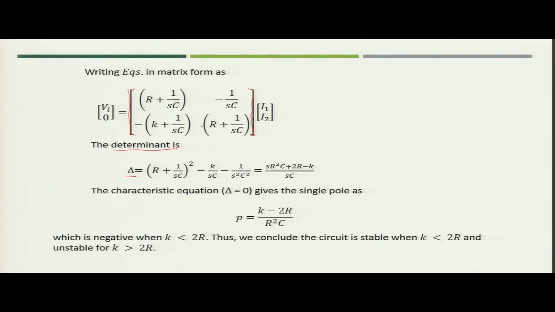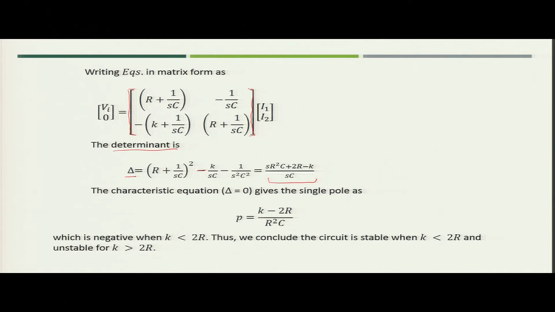The value of the determinant is nothing but R plus 1 by Sc whole square minus, because minus minus will become plus, and then you will see another minus for the determinant calculation, and then multiplying by 1 by Sc in this term, you will get minus K by Sc minus 1 upon s square c square. When you rearrange the terms, the value of the determinant is nothing but s R square C plus 2R minus K.